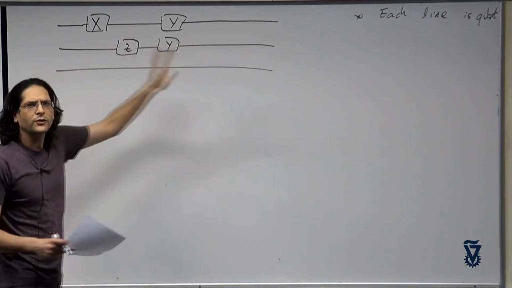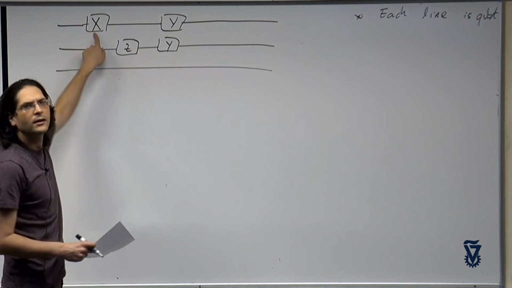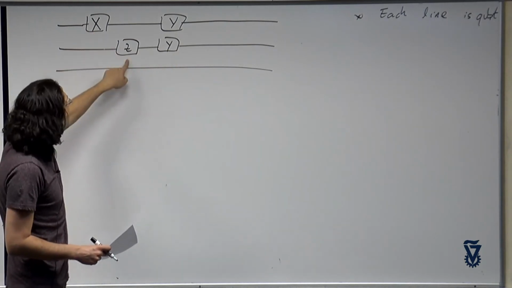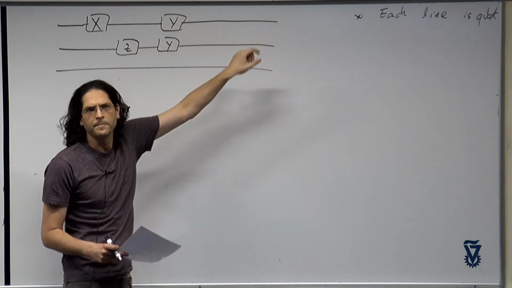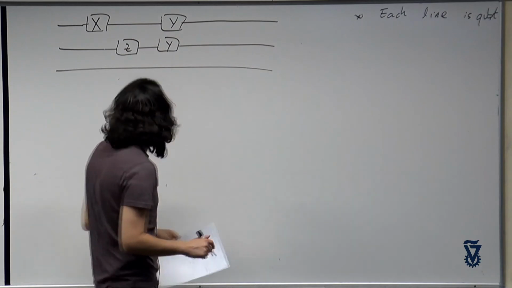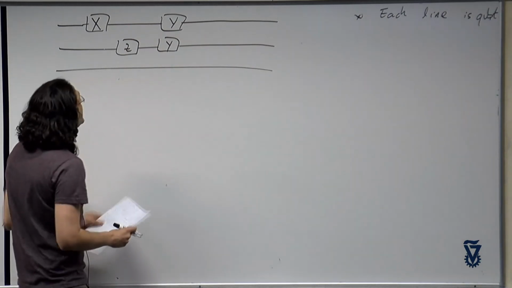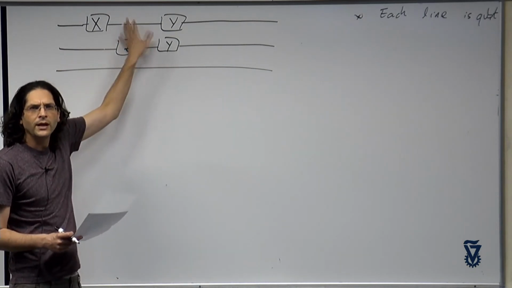Time goes from left to right. So this is the first operation that's occurring, then this operation, then these two are occurring simultaneously, and so on. So this is the way these things are written.